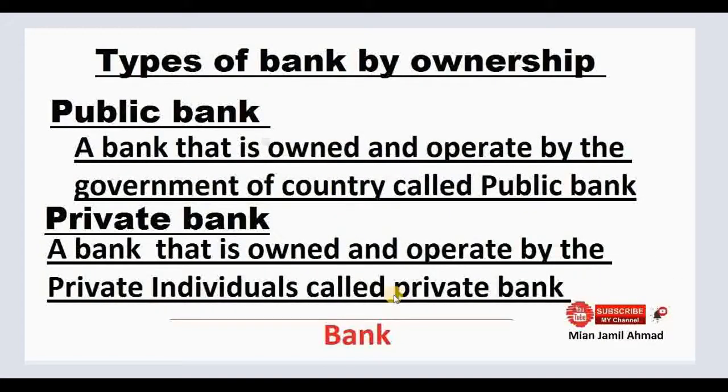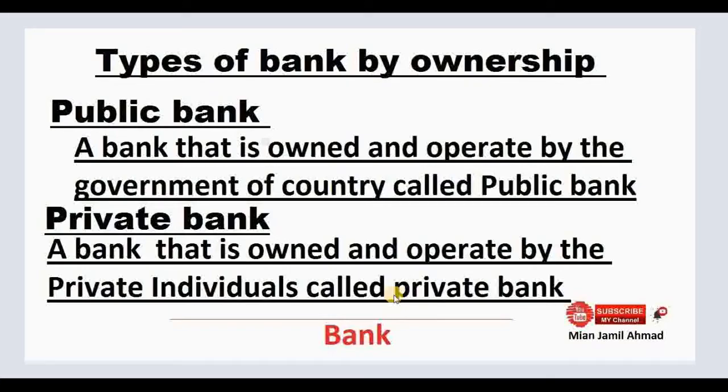So there are different types of banks. Here we are going to discuss the types of banks by ownership. There are two types of banks by ownership: one is the public bank and the other is the private bank. Public banks are those banks that are owned and operated by the government of the country.